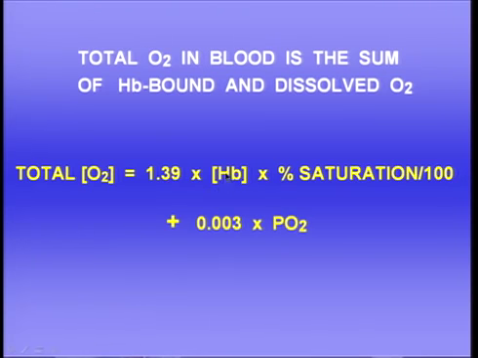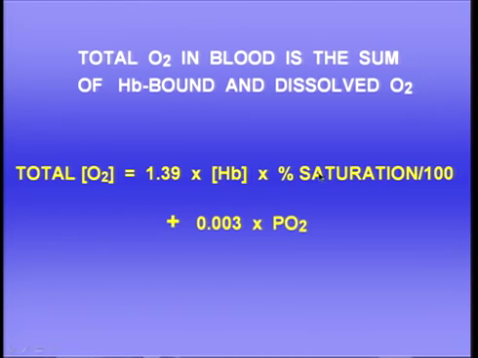And then we have the hemoglobin concentration of blood, which is, ballpark figure, about 15 grams per deciliter, 15 grams per 100 mils. So in other words, the total oxygen concentration bound to hemoglobin is going to be 1.39 times, say, 15 times the oxygen saturation, which in arterial blood is, as I said, about 97%.